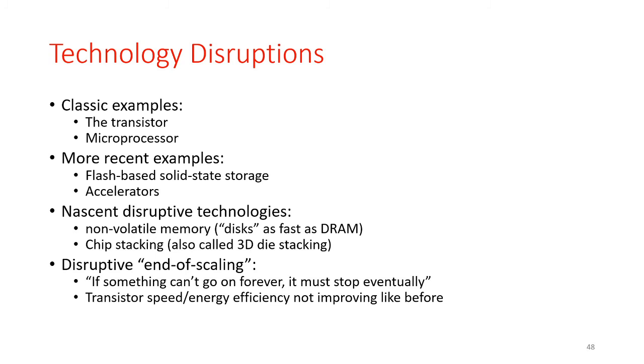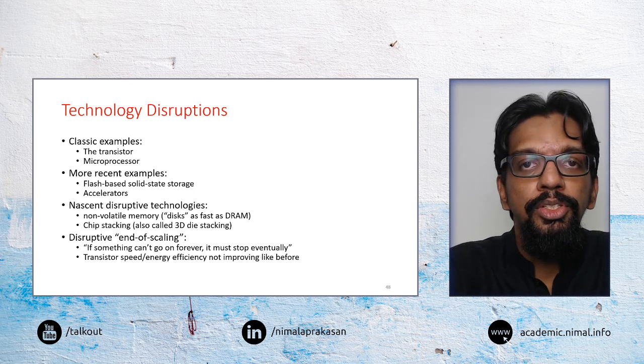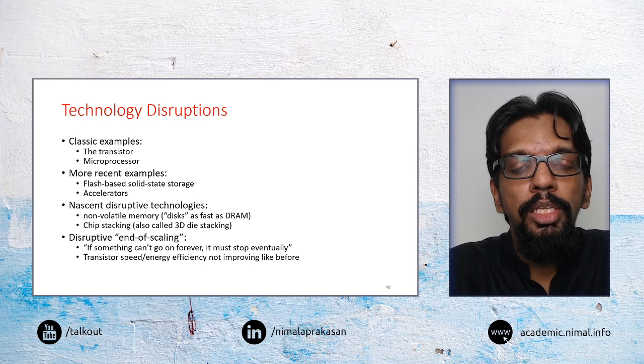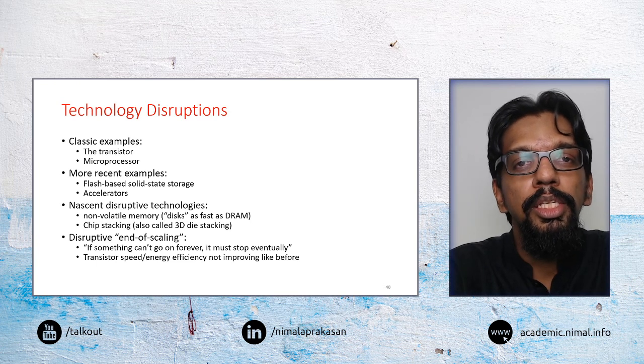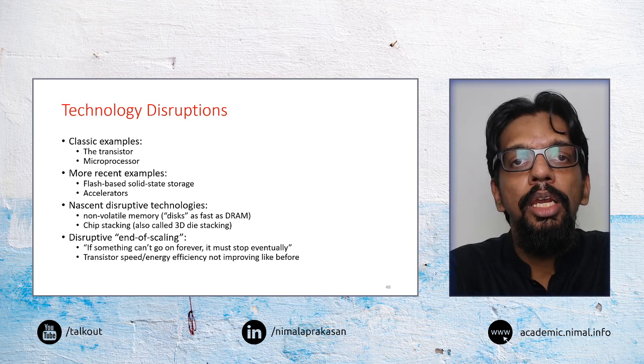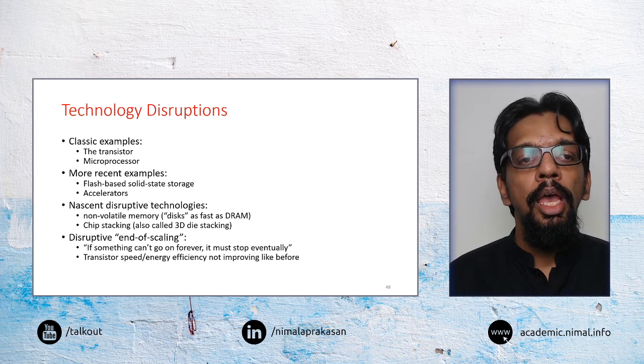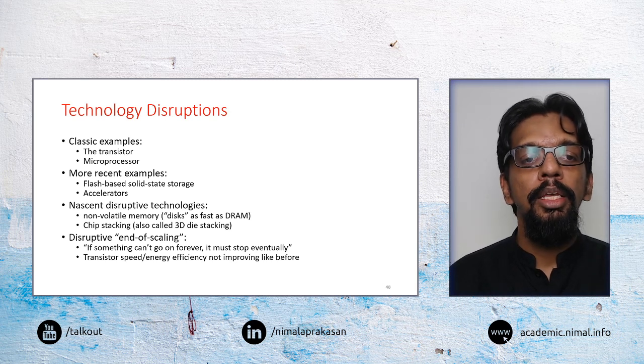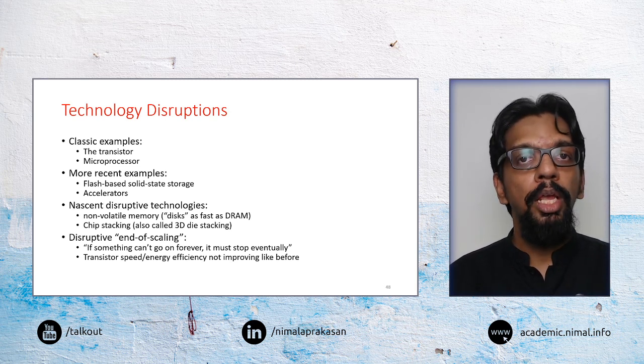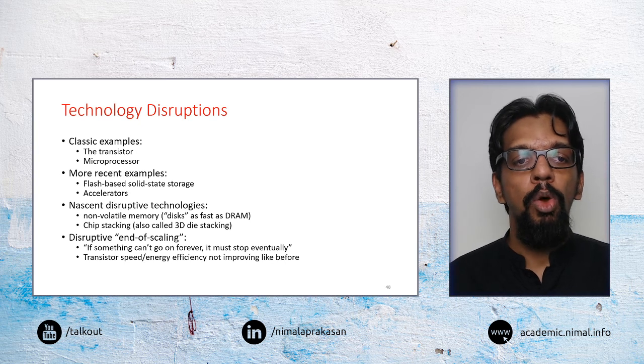So what we have identified so far in looking at the history of computing is, the only reason that we looked at it is for you to get an understanding of how things have progressed over the years. The main takeaway that I want you all to have is that there were some technology disruptions that happened over time.